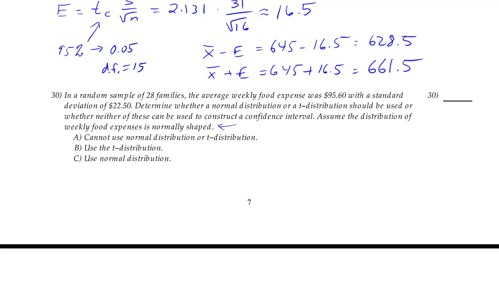We didn't have that, but we do have the normal shape of the original distribution. Then the question is, do we have the standard deviation of the population? Here it said in the random sample, we had a certain mean and standard deviation. So what they gave there was s. We do not have sigma, which means we would be using the t distribution.